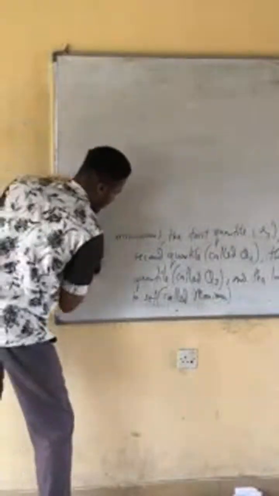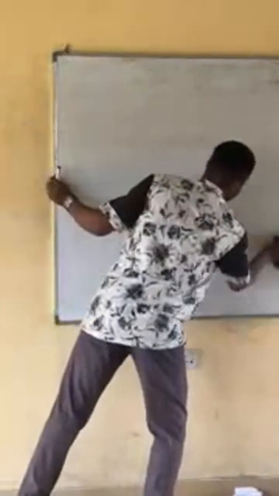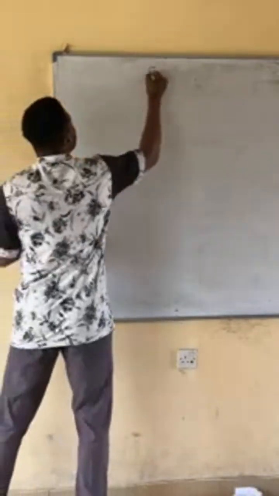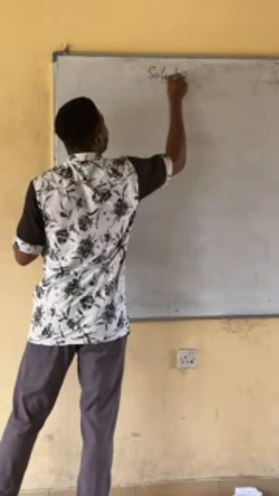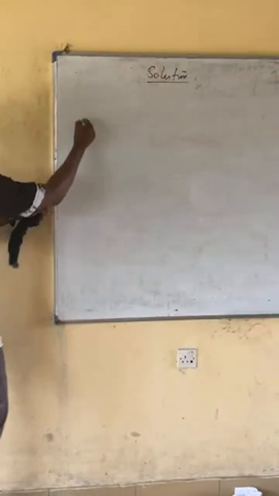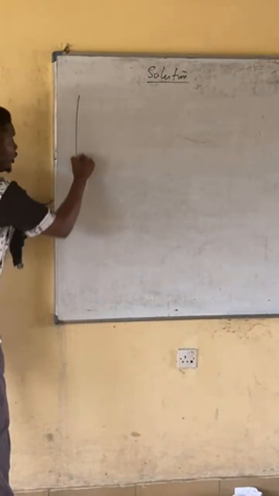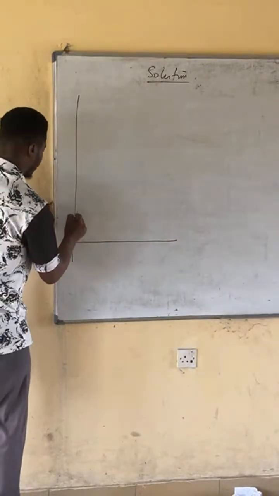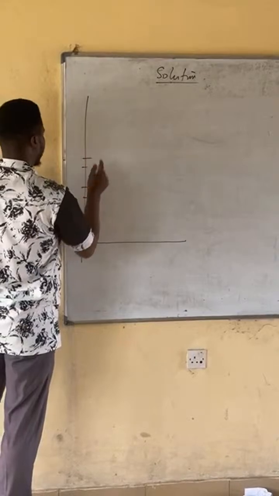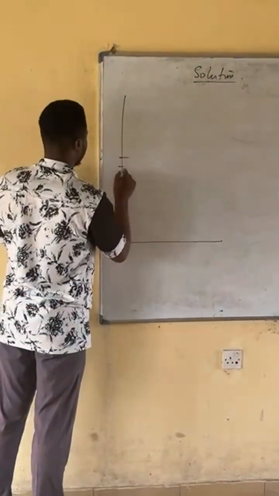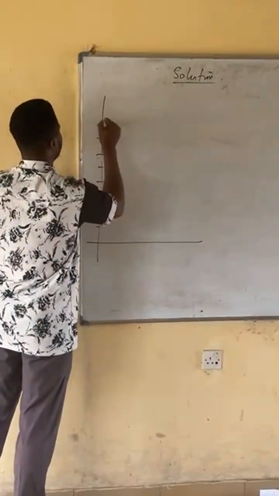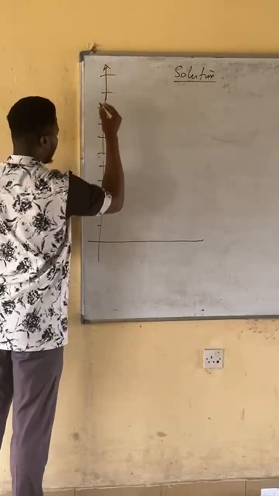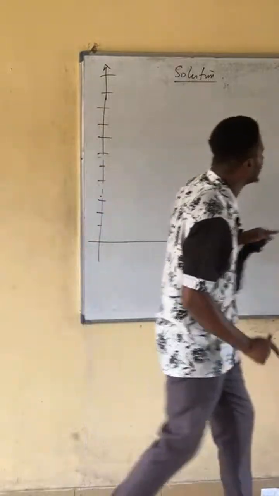So let's sketch. Solution. I'm using a vertical representation. Please look up, everybody. If you have your graph sheet, you can choose any scale of your choice. Let's assume that you have a graph sheet. This is the box plot. Look at my information.